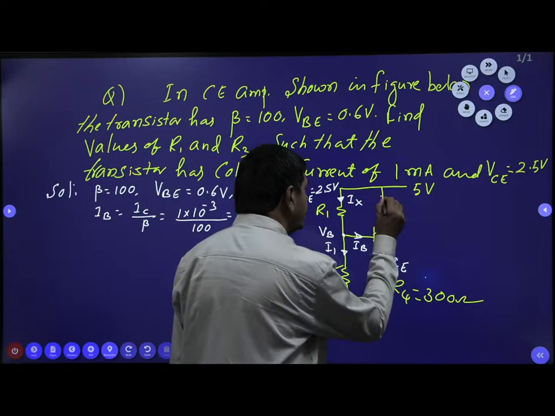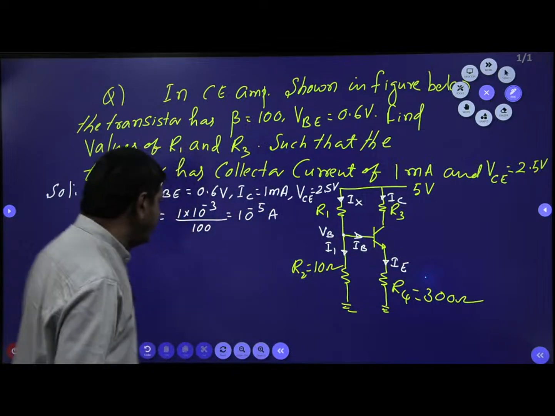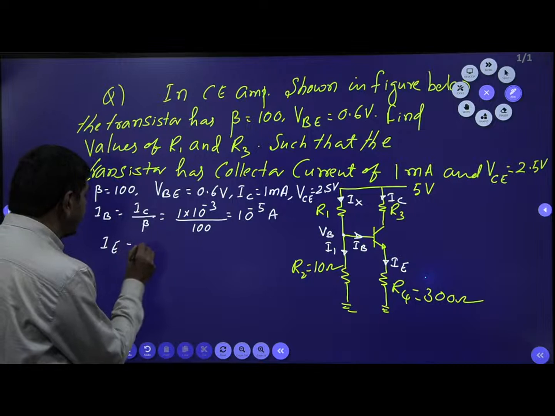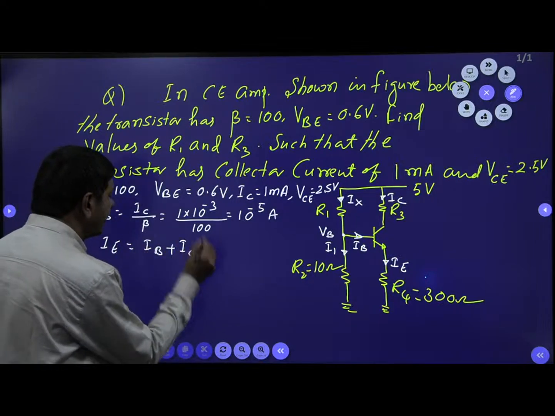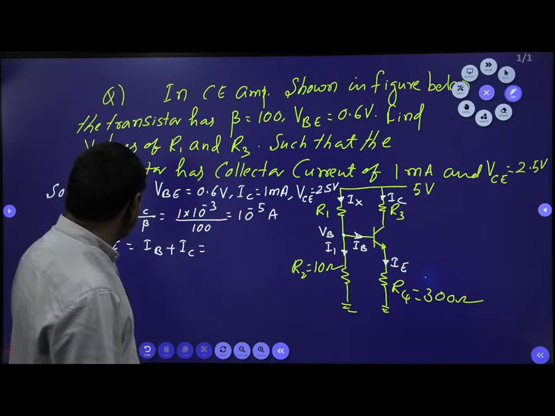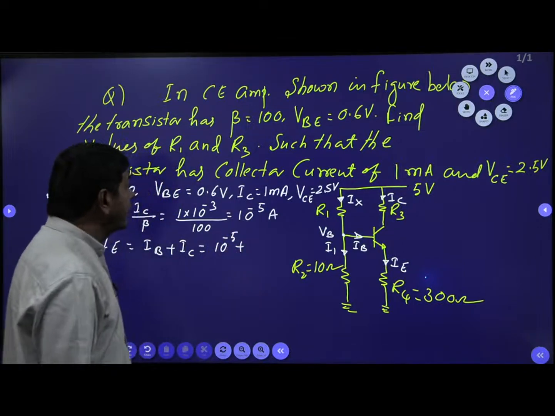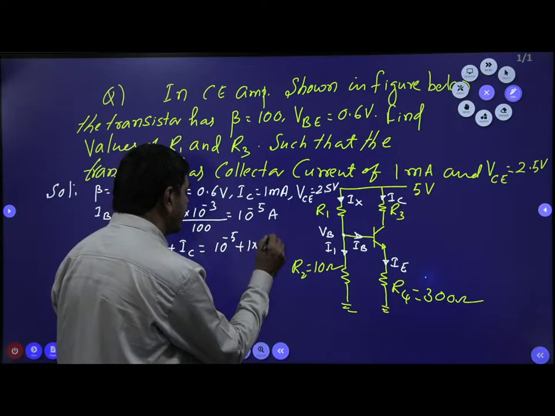And also the rest of the parameters you can find. How to get IE? Emitter current is nothing but IB plus IC, base current plus collector current, we know very well. We got base current of 10 power minus 5, and the collector current is given as 1 milliampere, 1 into 10 power minus 3.